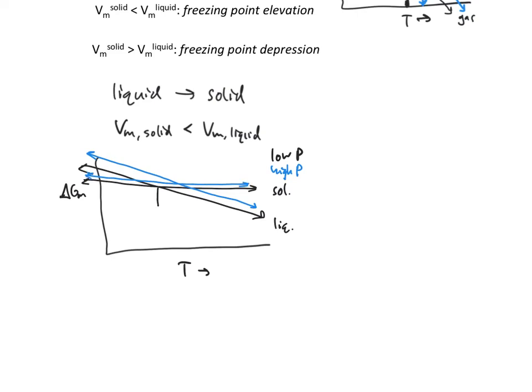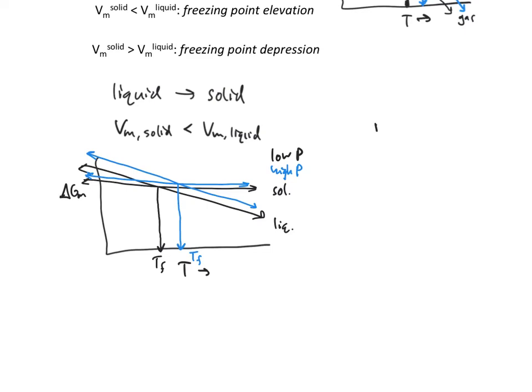So that means that at low pressures, we're going to have a lower freezing point in terms of temperature, and we're going to have a higher freezing point for that higher pressure. So this is a freezing point elevation because right here we've got a change in that freezing point.